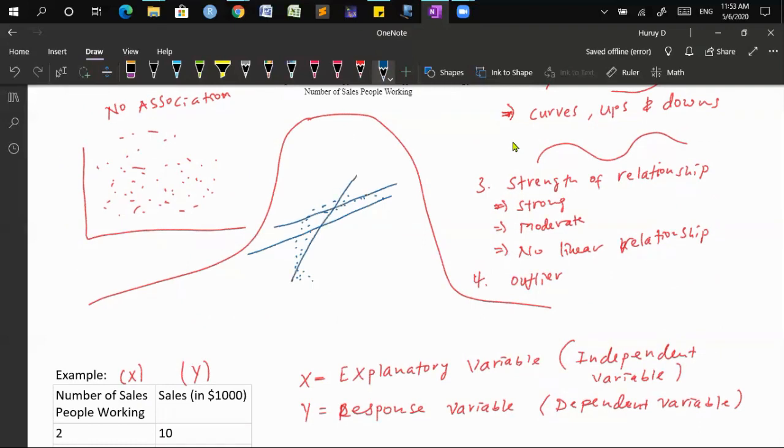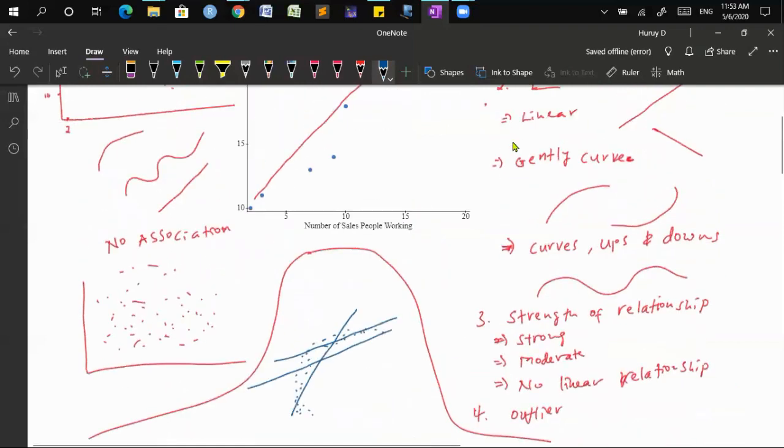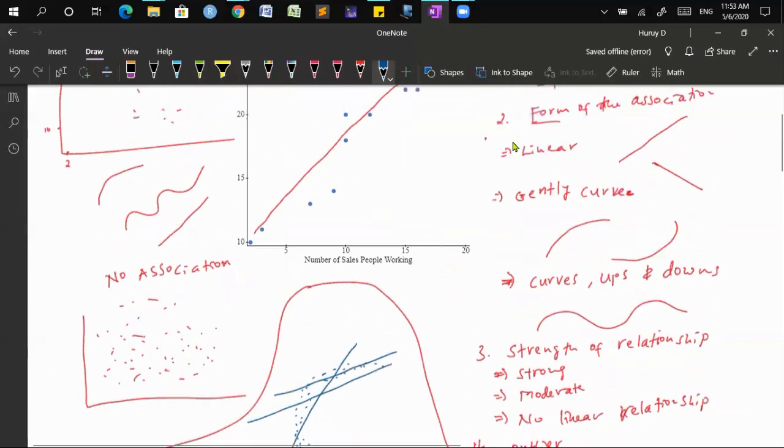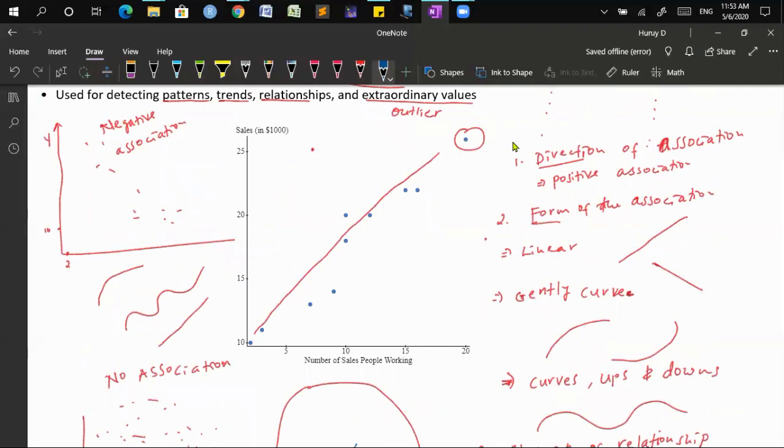I don't know which one is the best. So the best way to fit this one is a curved line. In that case, we will have this curve option. But this one, we can use a straight line to approximate it. So we have a linear relationship here. You don't have to worry about those outside. We don't want them to be very far, but still they are okay.